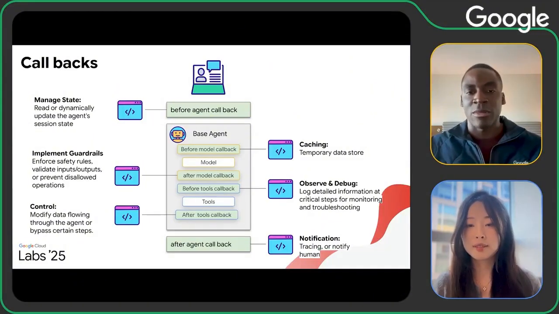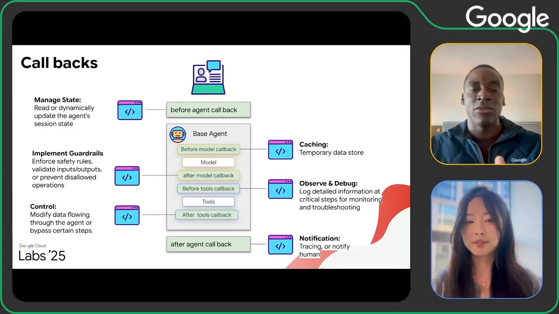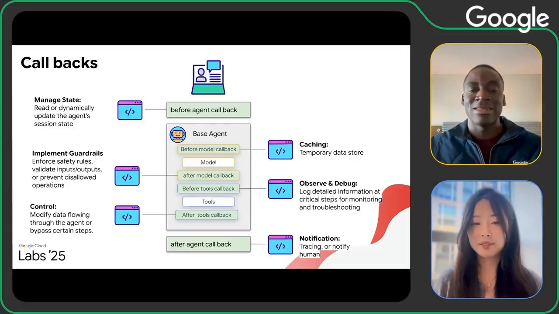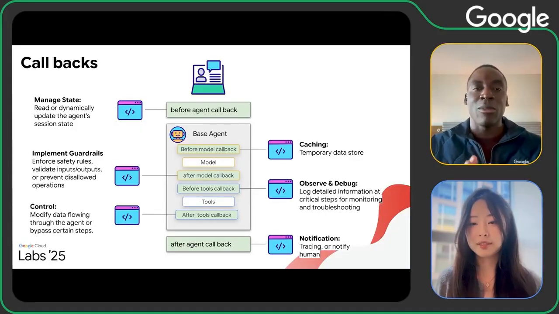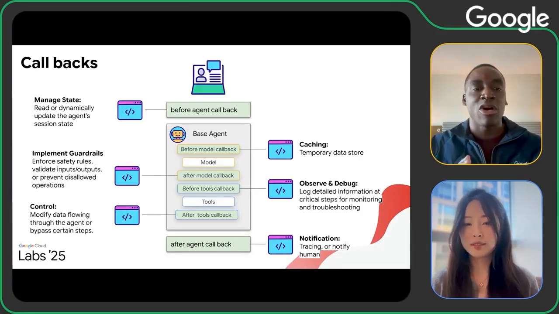So you pass it to Model Armor, and it would check for any sensitive data, any prompt injection, and so on. And if something is detected, essentially it will filter it out so the agent doesn't see it. Similarly, sometimes these agents can leak data that they're not supposed to. So again, you may want to have Model Armor after the agent is called and check for any sensitive data there too. So you tend to see Model Armor used in these callbacks as well.